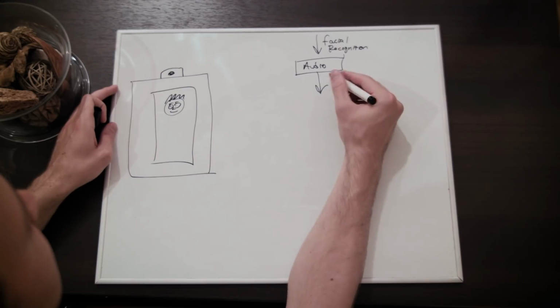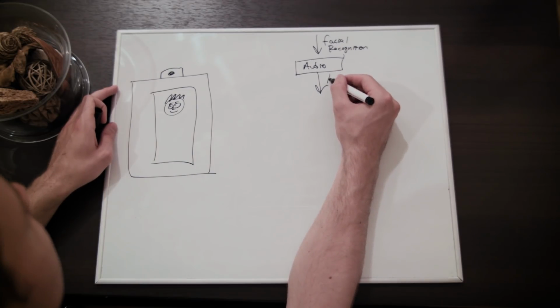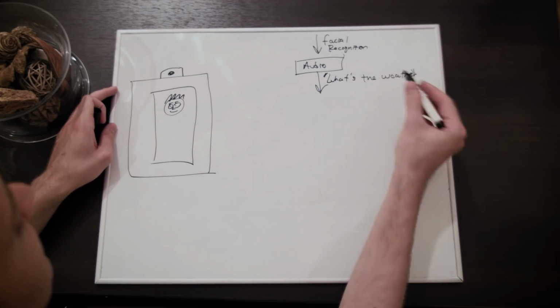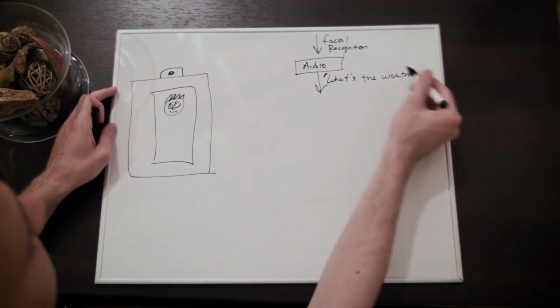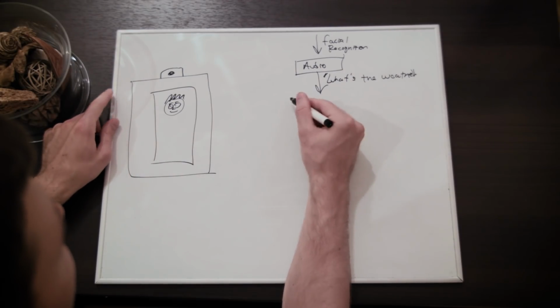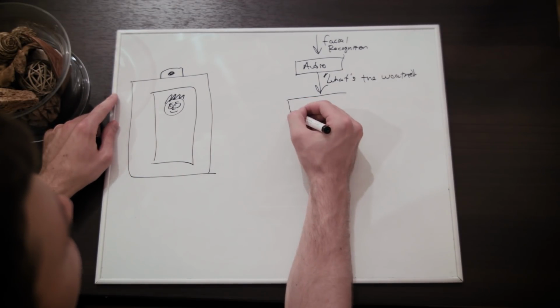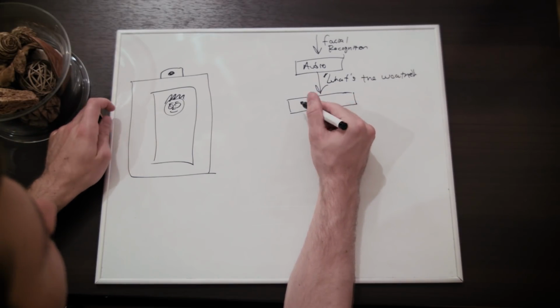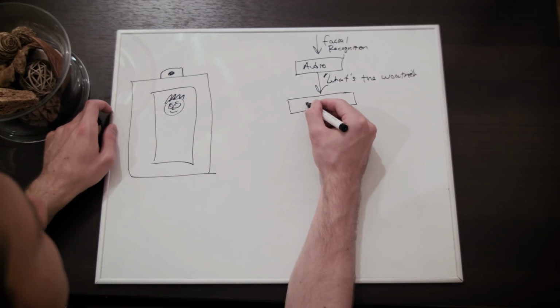So let's take that example where somebody says, "What's the weather?" This is just audio, and it's not very useful to us because you can't really process audio as fast as you can process text. So we're going to use a module to convert that audio to text. So we'll just call this speech.